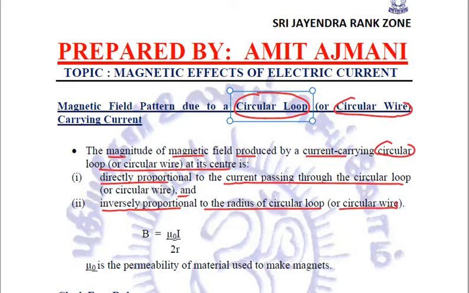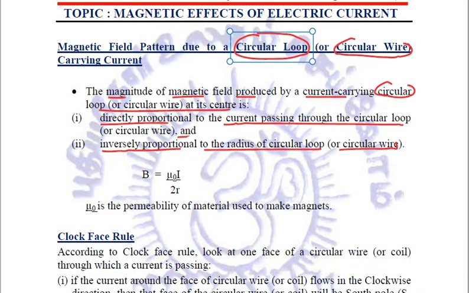The magnetic field is given by the formula mu 0 I upon 2R, where I is the current, R is the radius of the circular loop, and mu 0 is the permeability.